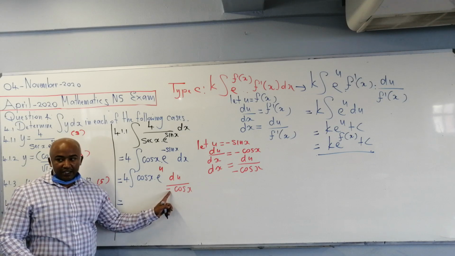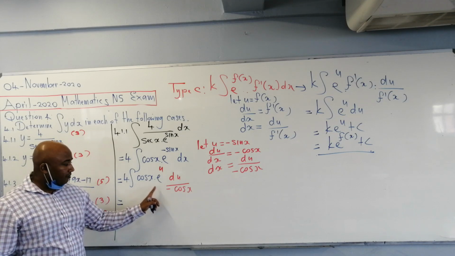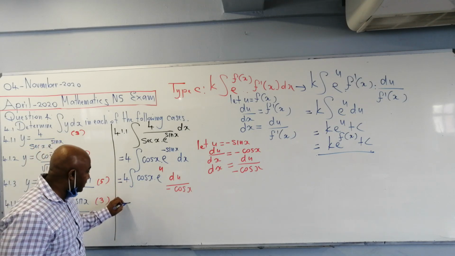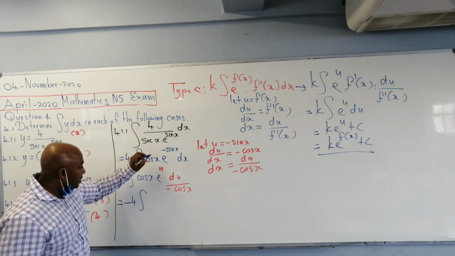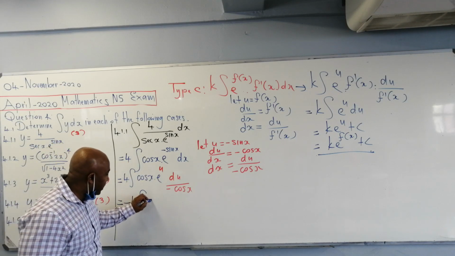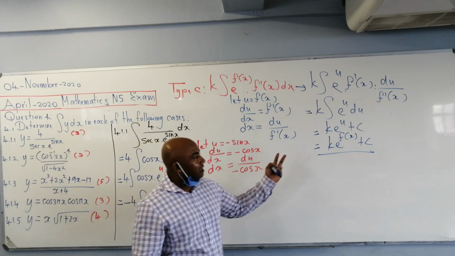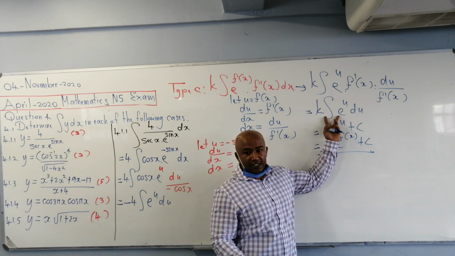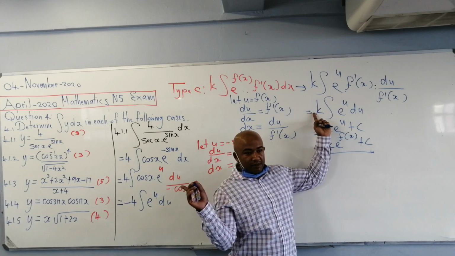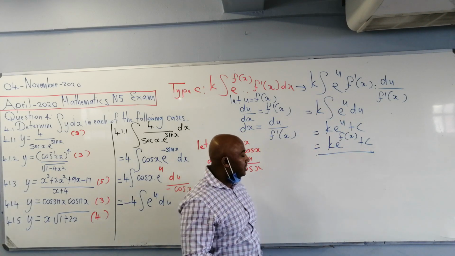So therefore, don't forget that there's a negative here. You can see that? So 4 divided by minus 1 is minus 4. Cos and cos cancel. You end up with just e to the power u du. I'm at exactly this point here. Can you see that? K, which is minus 4, e to the power u du.